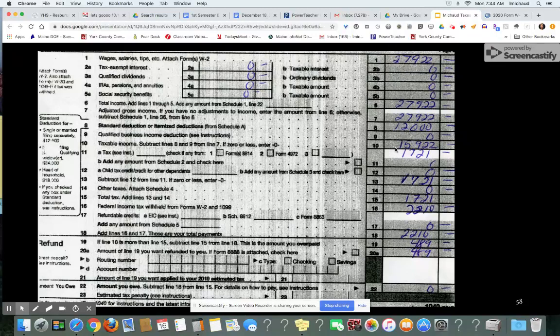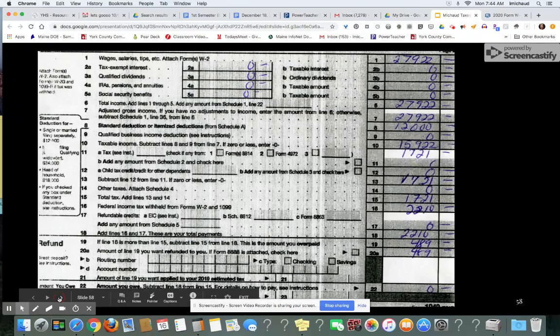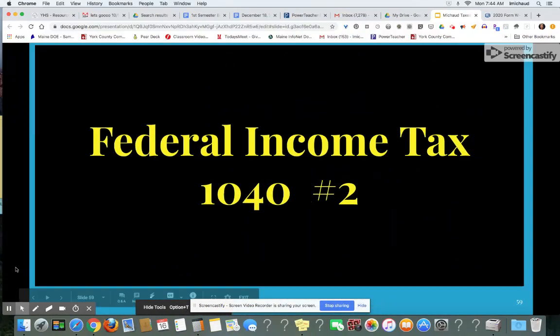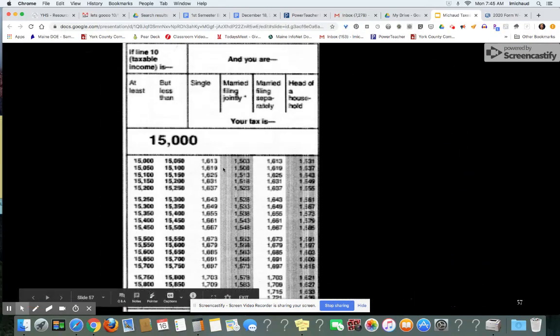Now we need to figure out how much income tax is due on 15,922. So I'm going to go back to the previous slide that contains the tax tables. You can find yours in your packet. Remember the number 15,922. So we're looking up 15,922, and that would be at the bottom.